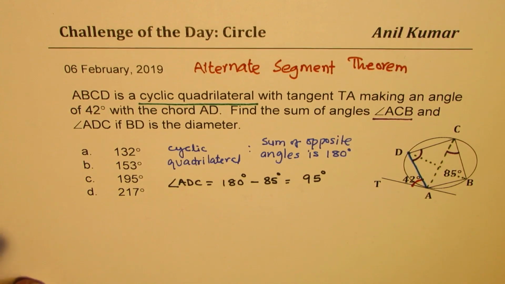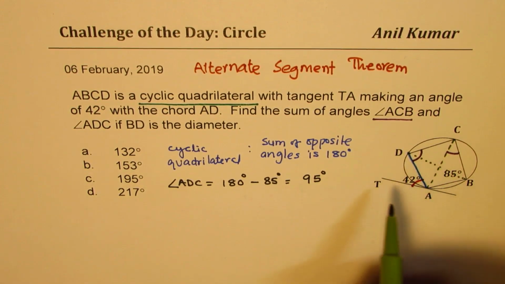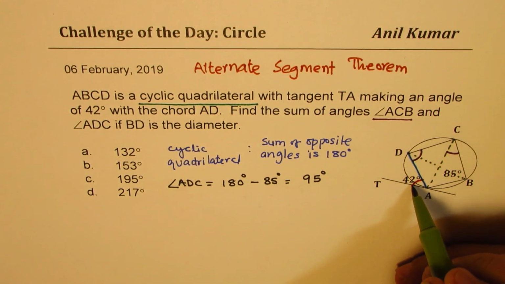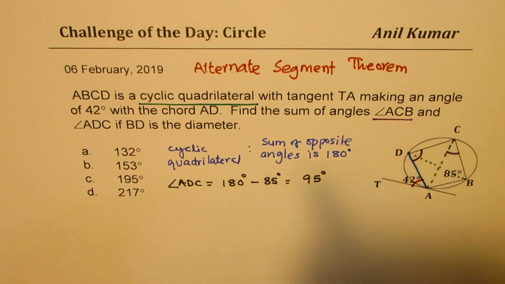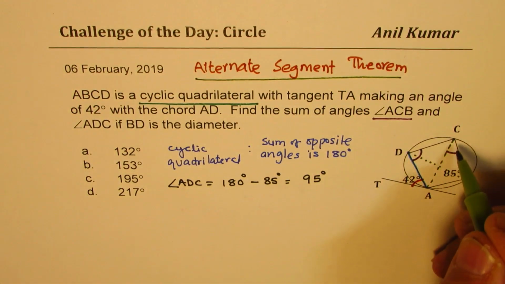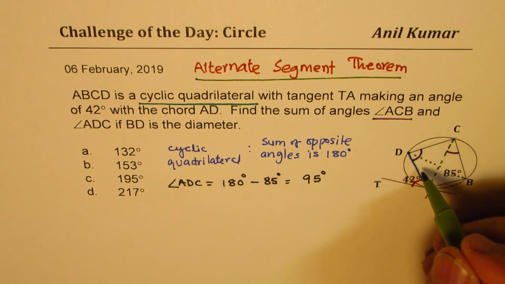We'll use the alternate segment theorem. I hope some of you must have watched my video on that. Now here, the alternate segment theorem says that we are talking about the tangent line and the chord. The angle given to us is 42 degrees. Whenever we talk about the alternate segment theorem, we should have a triangle inscribed inside the circle. So we can join A to C, so we form a triangle.